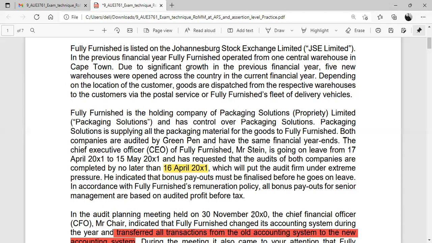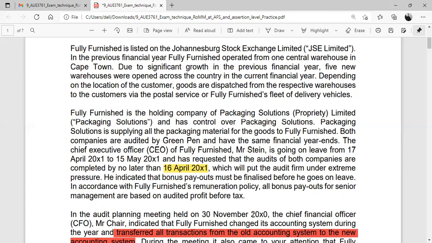So there's two things happening here. There's the fact that he's placing pressure on the audit team to be done by the 16th of April. So he's saying, I don't care what happens, but can you guys be done auditing by the 16th of April? That'll compromise the quality of the audit, number one. Number two, there's the issue of the bonus.